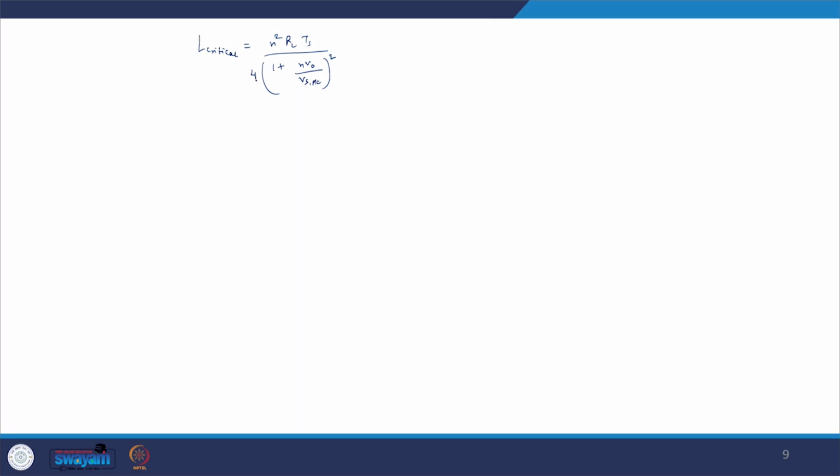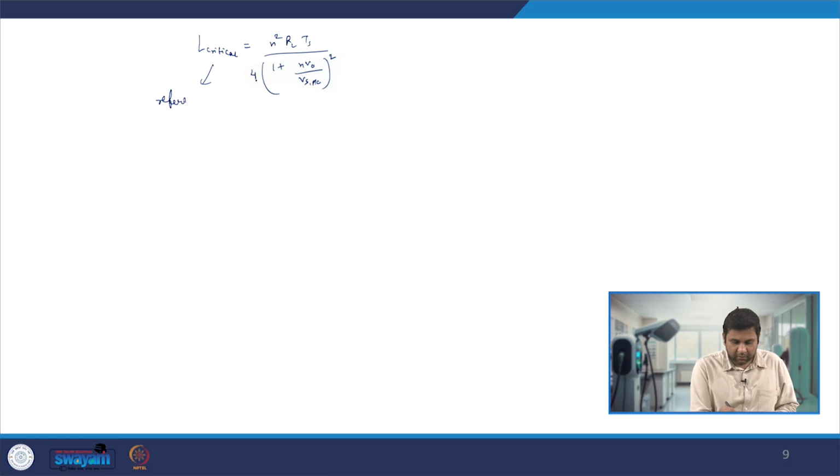Now this is referred to the primary side. And if we look very carefully, if we make L less than L critical, then only DCM is possible.